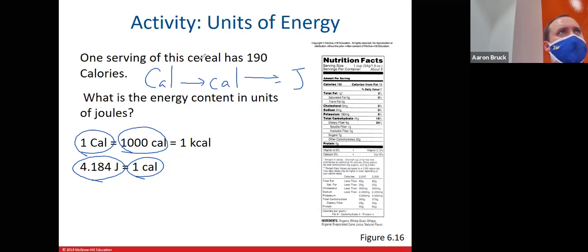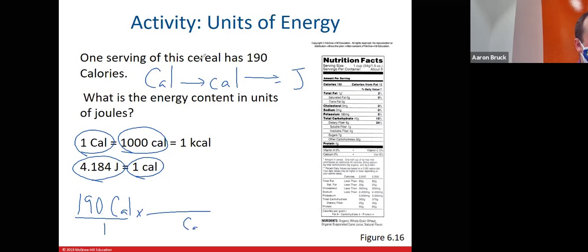Now it's just a dimensional analysis problem. I just need to put the right numbers in the right places. 190 big C calories. Since big C calories is in my numerator here, I want to make sure it's in my denominator in my conversion. I'm going from big C calories to little c calories. There are 1,000 little c calories in a big C calorie.